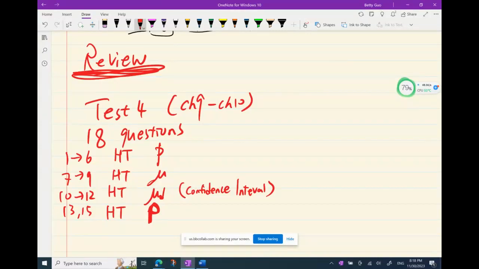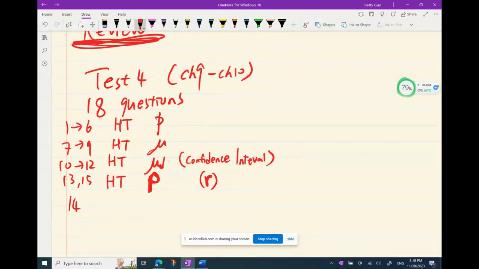The corresponding sample statistic is R. Yeah, R is from a sample. R is the linear correlation coefficient. So number 13 and number 15 are about determining whether there is a linear correlation between the two variables, or there isn't a linear correlation between the two variables, something like that.